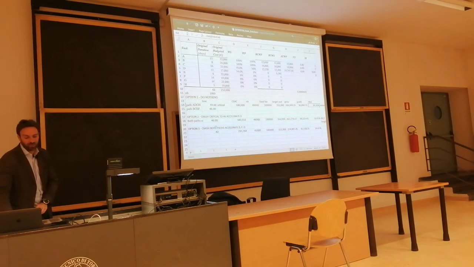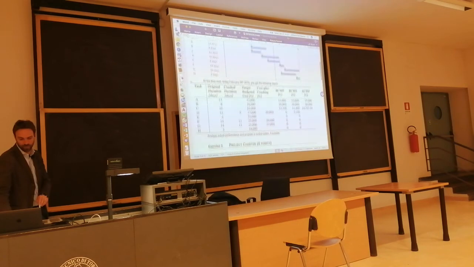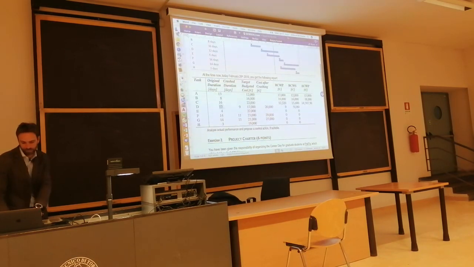Now there's another option. Instead of doing nothing, we may want to crash the critical path down to 46. And to do that, we can accelerate the task that could be accelerated. If we accelerate the D task, D can be accelerated, which is the least expensive task to accelerate.